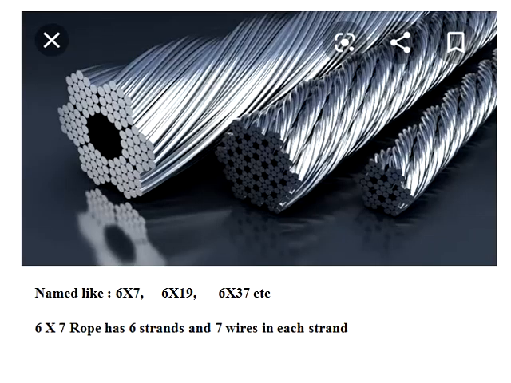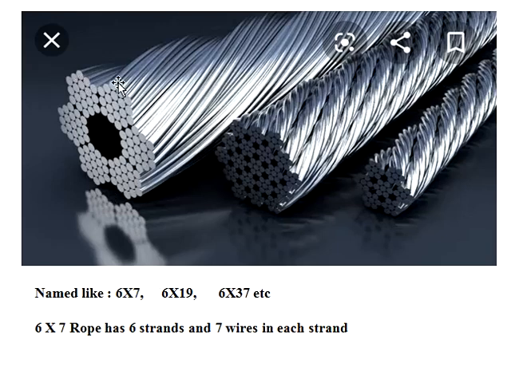Next, let me tell you how exactly we name different rope drives. In this diagram, in this rope drive, there are a number of strands, and each strand is made up of a number of small wires. Usually we name these rope drives like 6 into 7, 6 into 19, 6 into 37, etc. Here 6 into 7 means 6 indicates the number of strands in the rope, and 7 indicates the number of small wires in each strand.